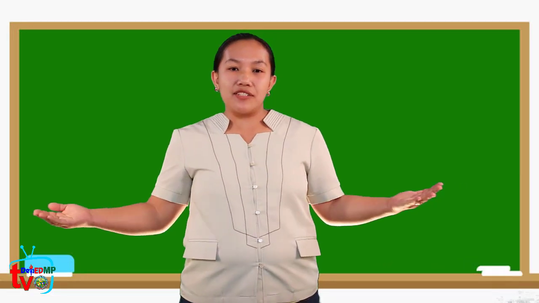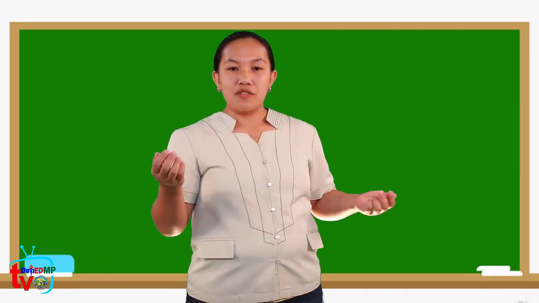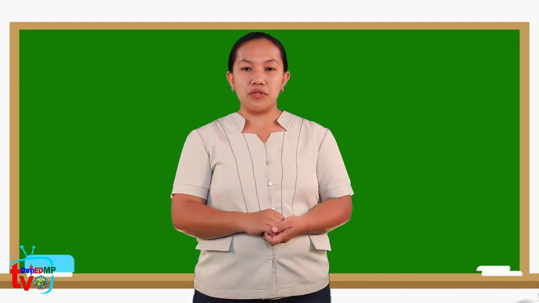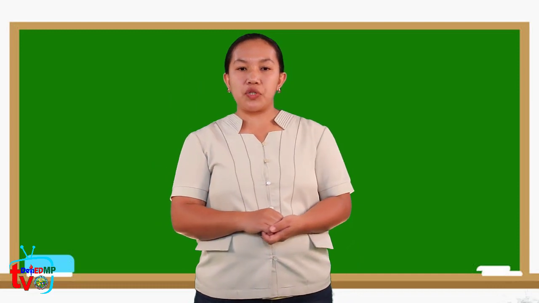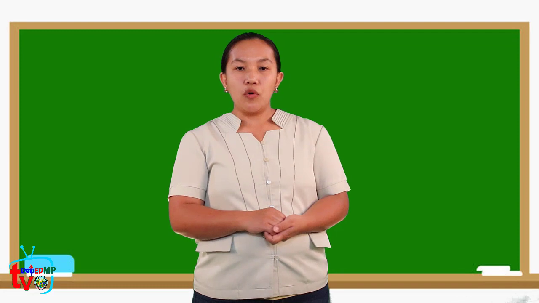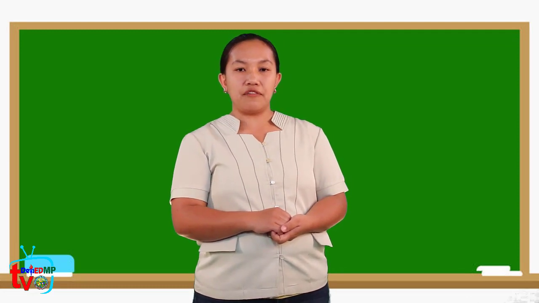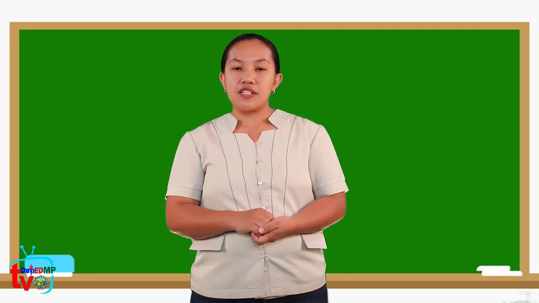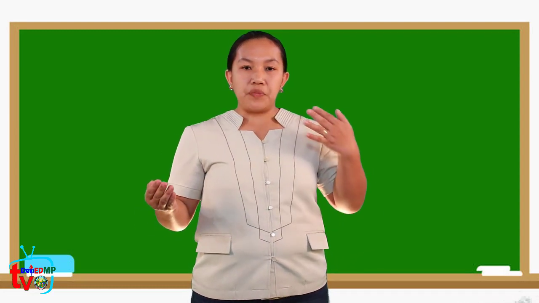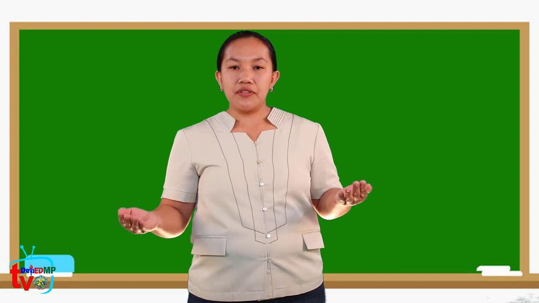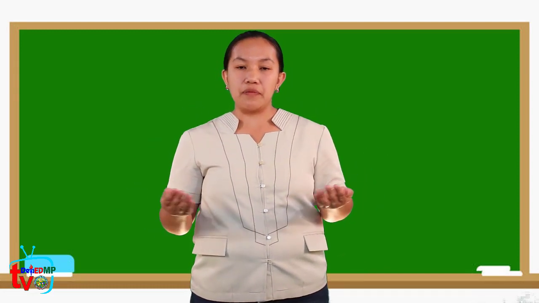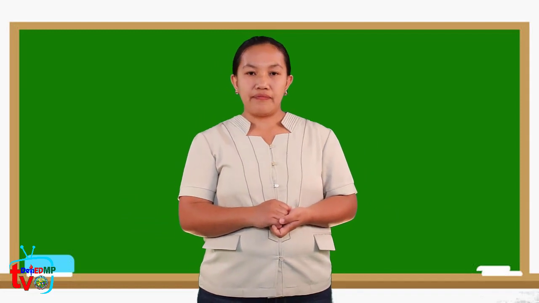Here I am again, children. Follow me. So we now proceed to lesson 2 of your module. Let's study further 3-dimensional or solid figures, and this time we are going to make models of different solid figures such as cube, prism, pyramid, cylinder, cone, and sphere using plane figures.